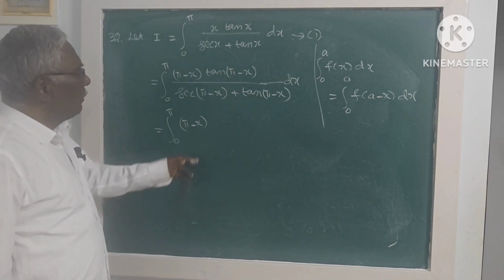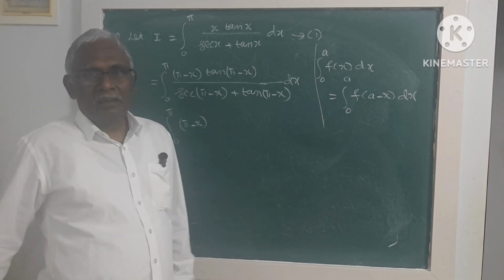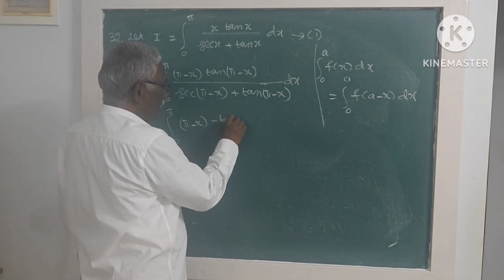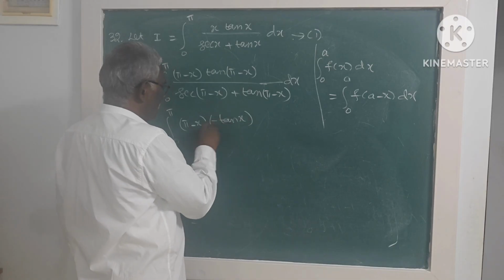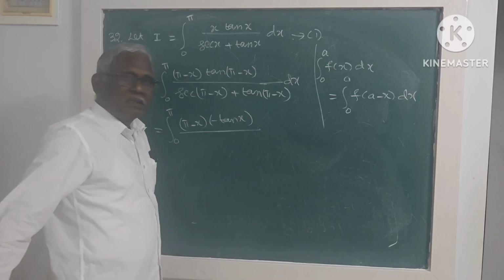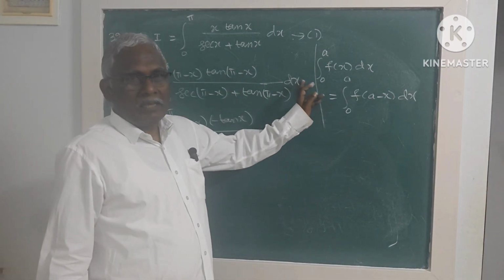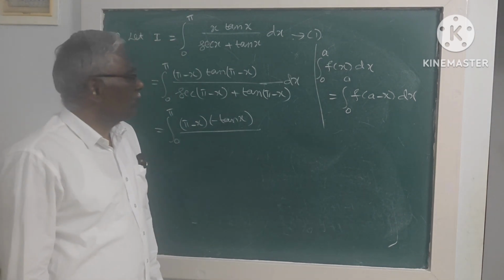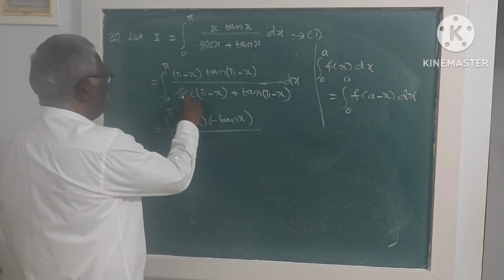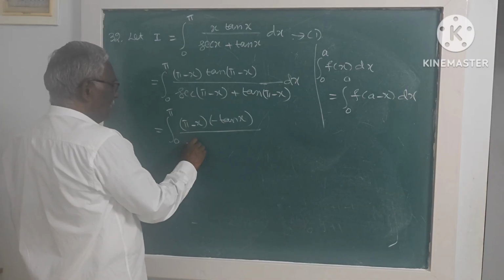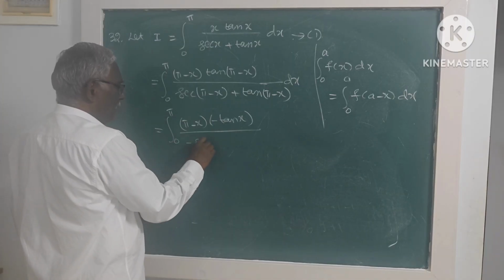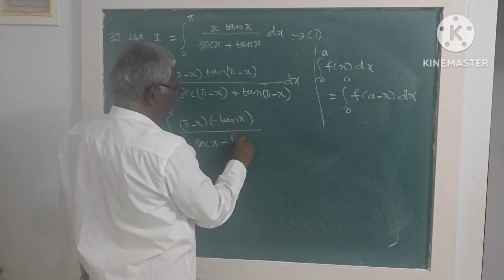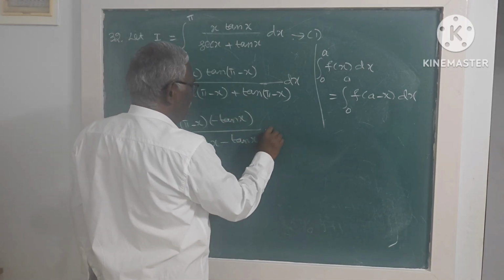What is tan of 180 minus x? This will be minus tan x, because in the second quadrant only sine and cosecant have positive values. So this will be minus secant x minus again tan x dx.